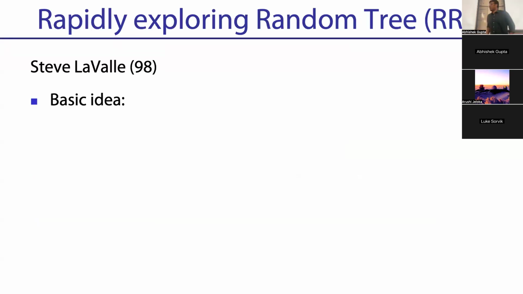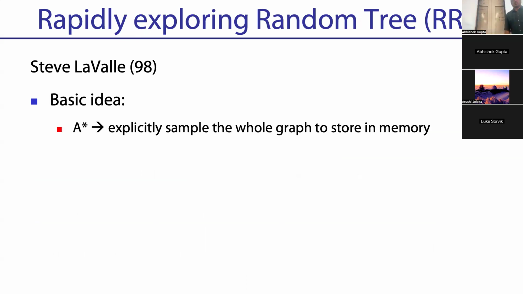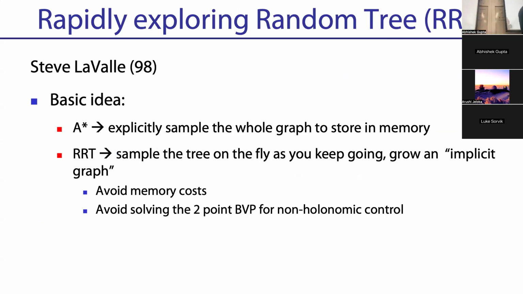So the idea is from '98. Most of you weren't born then, but RRT was still going strong. The idea of RRT is that A star explicitly constructs the whole graph to store in memory. What RRT tries to do is sample a tree on the fly.